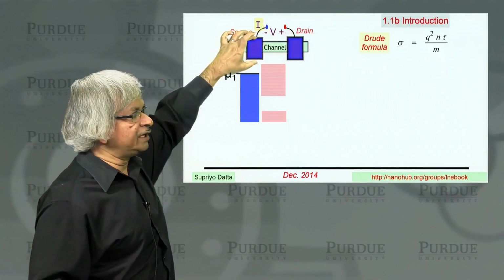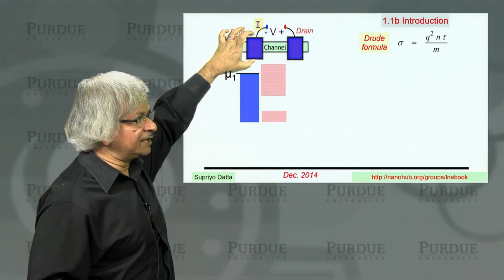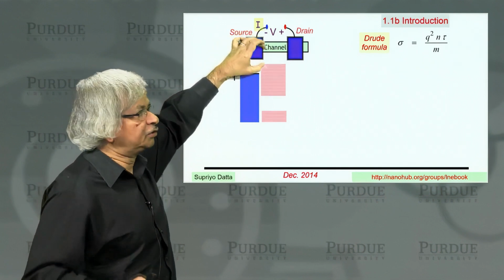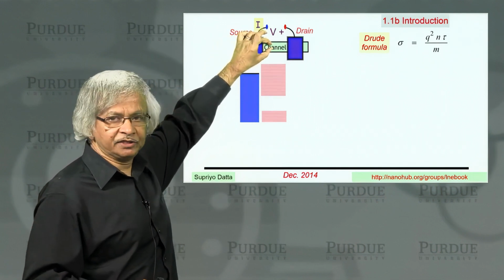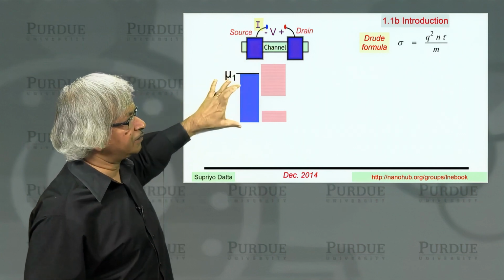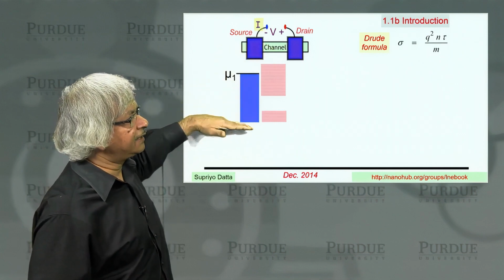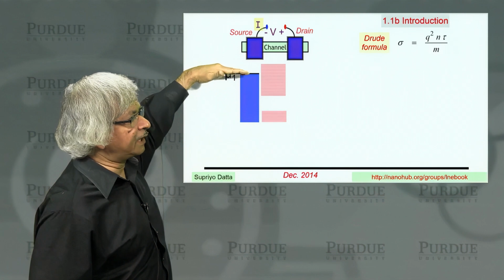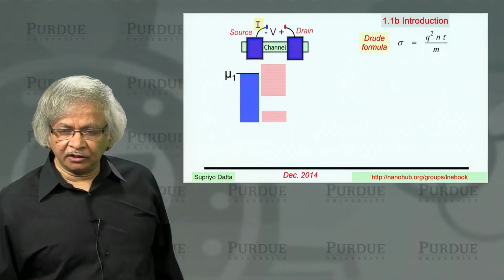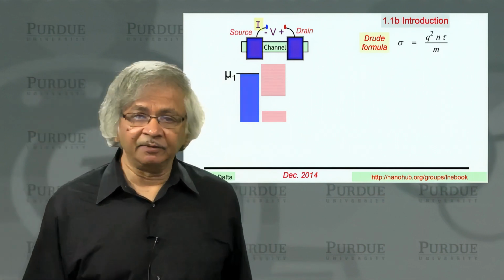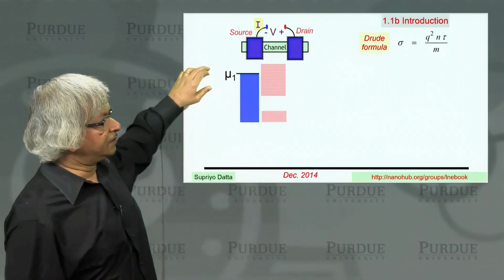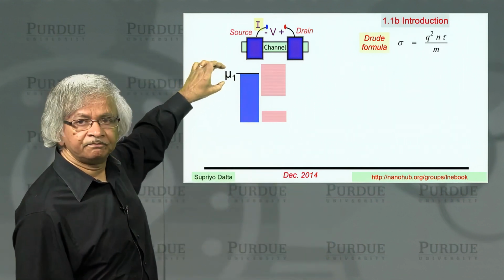So usually the details of this don't matter too much. What controls the flow is this narrow region. Okay. So in this contact, you have all these states, and they are all filled up to a certain level, which you call the Fermi level, or this electrochemical potential, which I'll show with a mu.